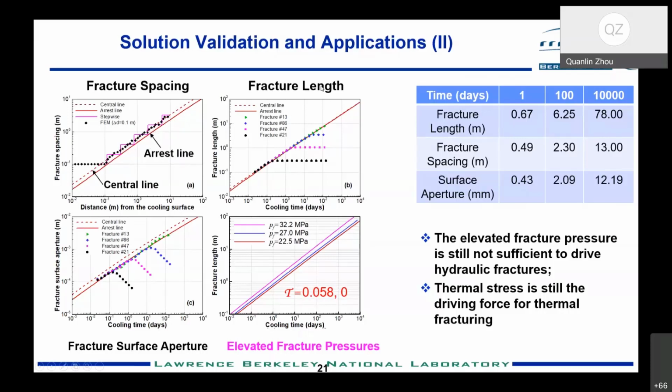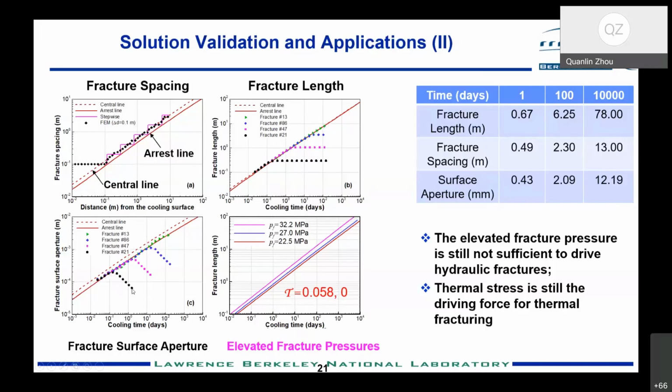For fracture length and also surface aperture, we can see the arrest line solution, the solid red, is very close to the FEM solutions during the fracture propagation. You see propagation and arrest, propagation and arrest. But this one continues to propagate.